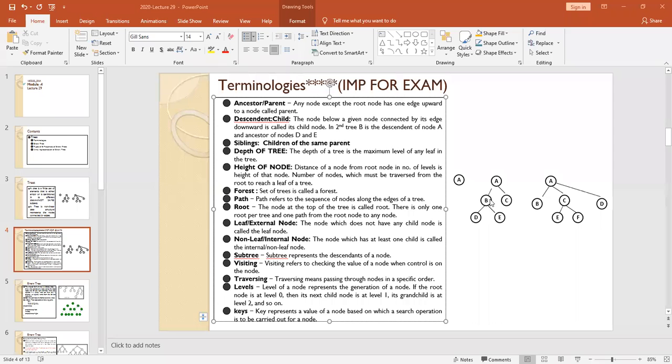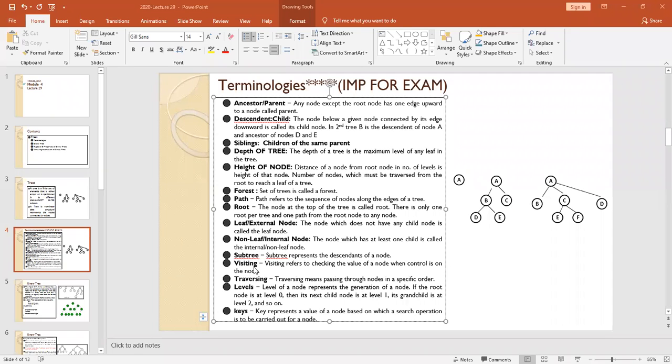The left part is B, D, E. It is a left subtree. And A then C, we call it a right subtree. So here also you can see B is considered left, this one is considered middle, this one is considered right. That's why we call it a subtree.